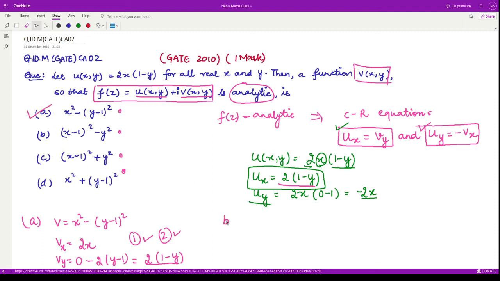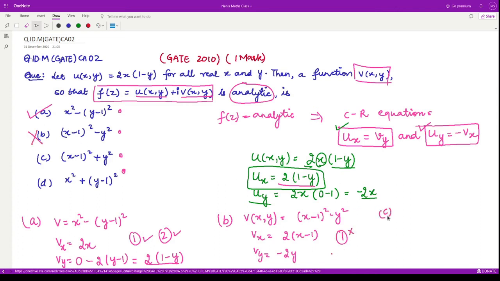But what about the others? Let us also check the same results for the rest of the options. For the next option, we would again calculate v_x, that would be 2 into (x minus 1), and v_y, that would be minus 2y. Now v_y from here is not equal to u_x, so the condition is not satisfied, and this option is incorrect.